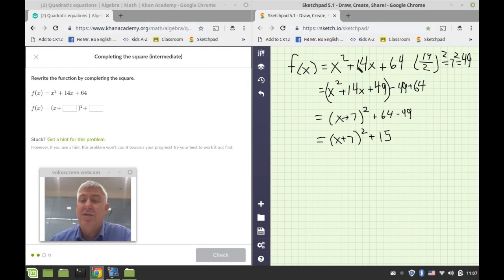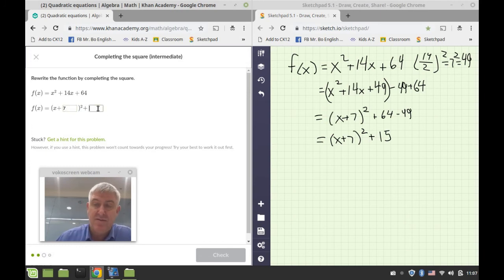If you can't, add the constant that you need and subtract the constant that you need, and then once this is left outside, we won't have any issues. Everything will just work out the way it's supposed to. So this is x plus 7 squared, and plus, what did we say, 15? Okay.